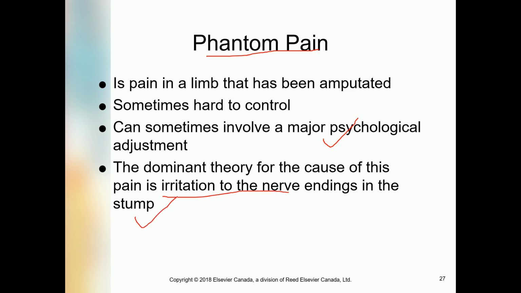The stump is the place where it is cut, and they have pain. Because of that phantom pain after the amputation, the person sometimes has to go to the psychiatrist, because the person is psychologically disturbed and needs a major psychological adjustment, and the psychiatrist is the main person to work with this situation.